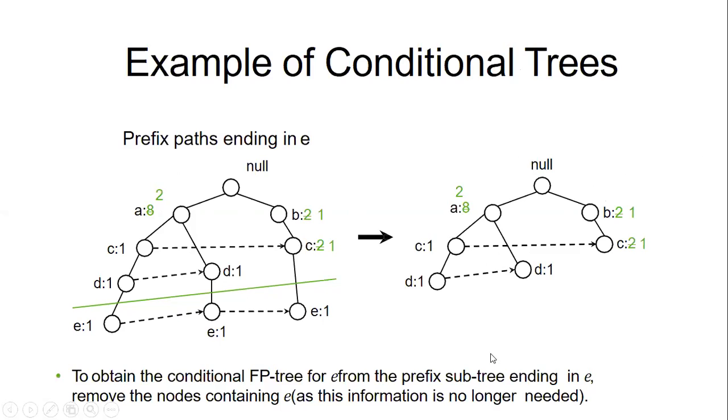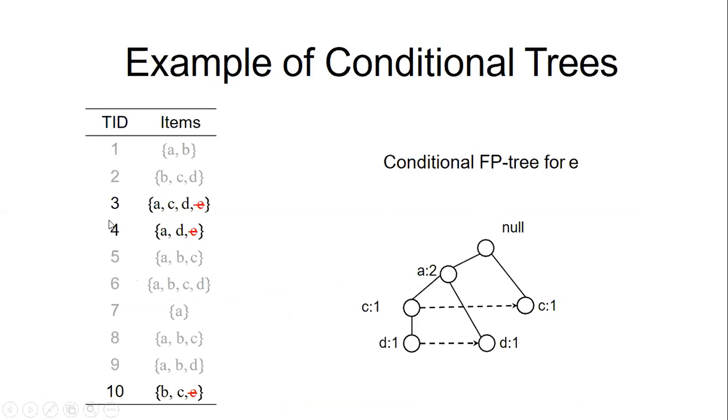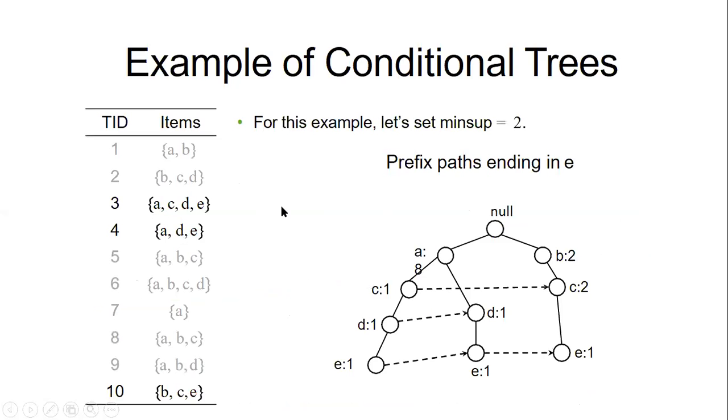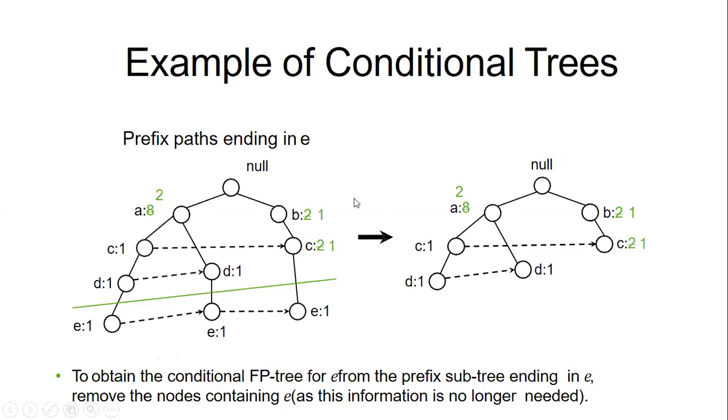If you take the total count of each item, A is occurring 2 times. C is occurring how many times? 1 plus 1. If you take C in the entire transaction, C is having 2.